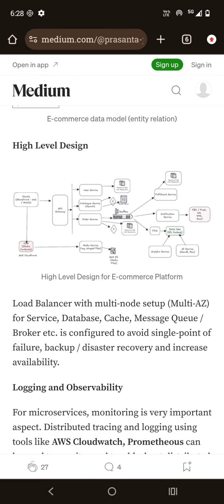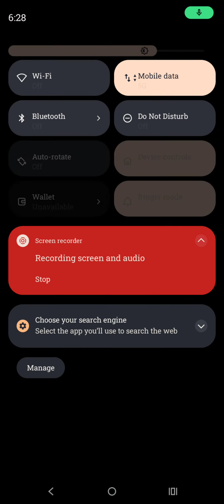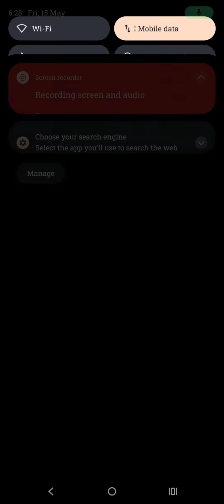And you see here, let me explain this simple design architecture. You can see the first request comes to the API gateway. From the API gateway, it will go to any of the services. It may go to user service, catalog service, order service.